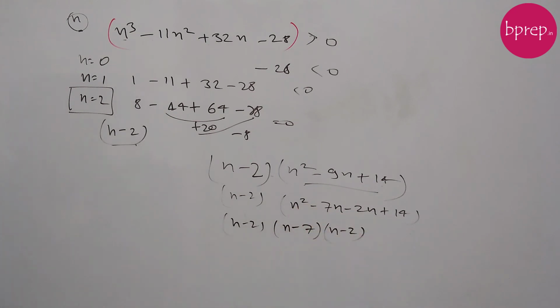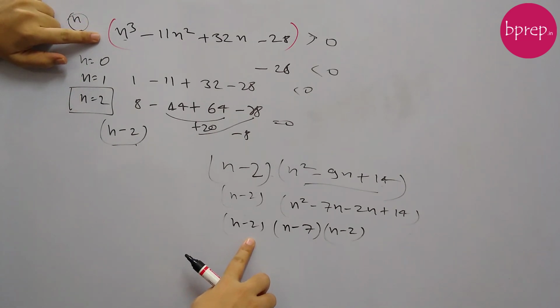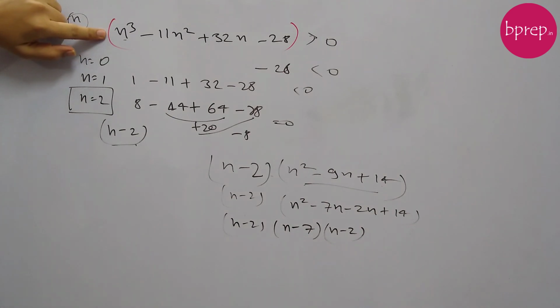Now the value n equals 2, as we saw earlier, will make the value of the expression 0, and the same with the other: n equals 7 will also make the value of the expression 0.